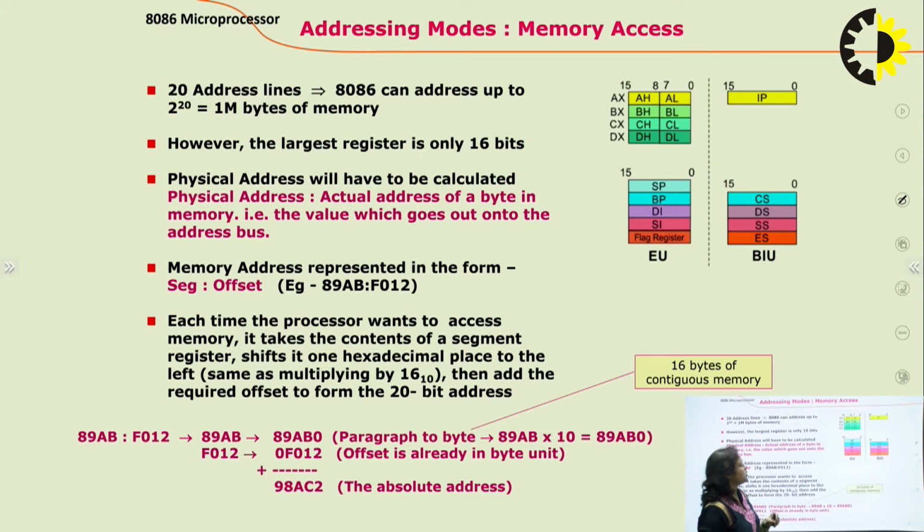Next is memory addressing mode. It is very important because, as I have already explained, the memory address consists of 20 address lines. However, the size of the largest register is 16-bit. So we have to convert 16-bit to 20-bit to calculate the 20-bit physical address.